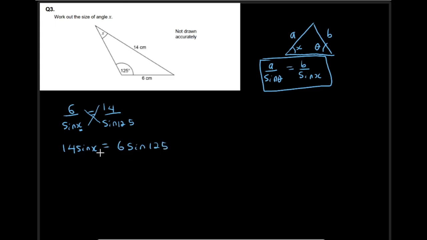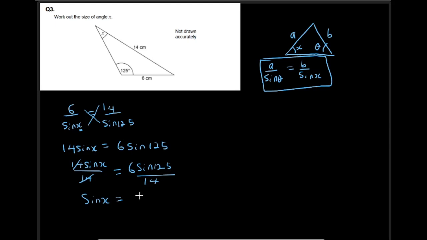To get x, we divide both sides by 14, and that will give us 14 sine x all over 14 equals 6 sine 125 all over 14. This will cancel this, and then you're going to have sine x equal to 6 sine 125 divided by 14.